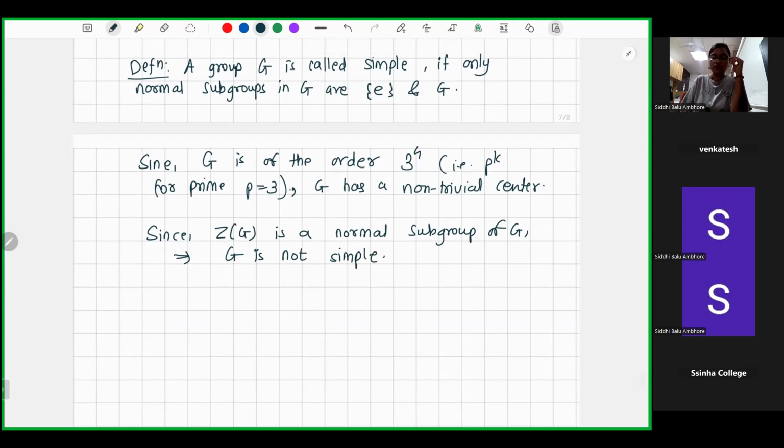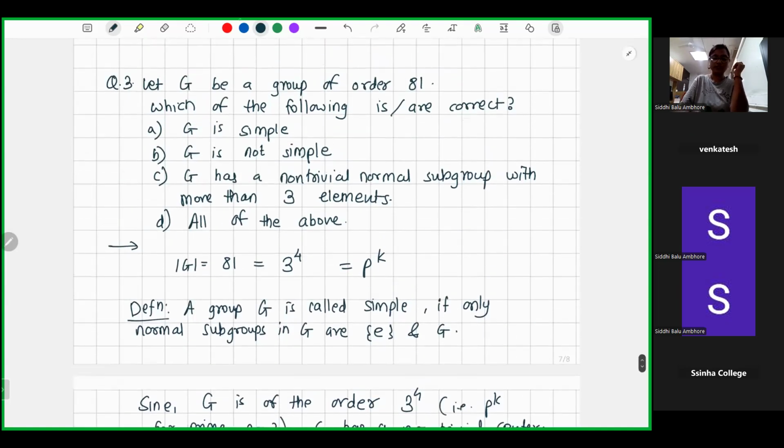Okay, so the first option, that G is simple, is false, and we got that G is not simple. Is this okay so far?